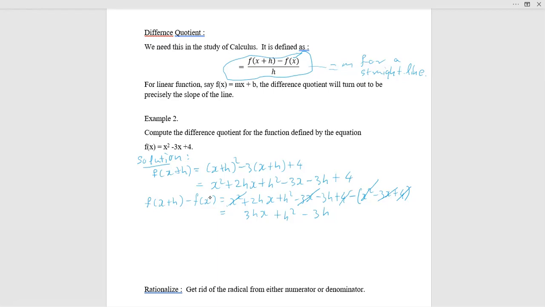If you take h out as a common factor, we get 3x plus h minus 3. Now we can calculate the difference quotient. This is f(x plus h) minus f(x). If you divide both sides by h, we get the difference quotient.